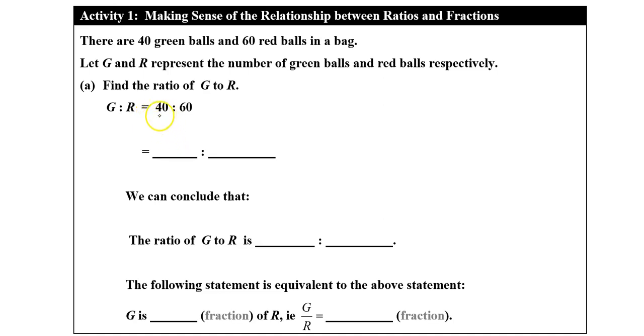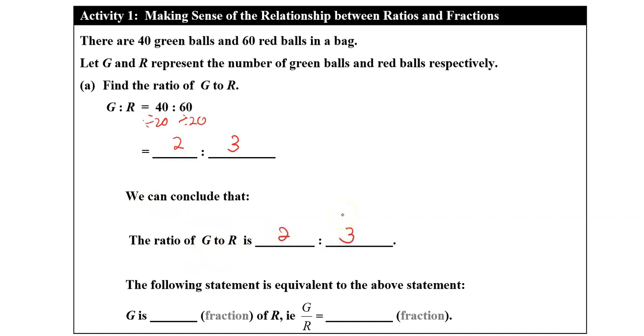We can divide both sides by 20, the highest common factor, so we get 2 is to 3.